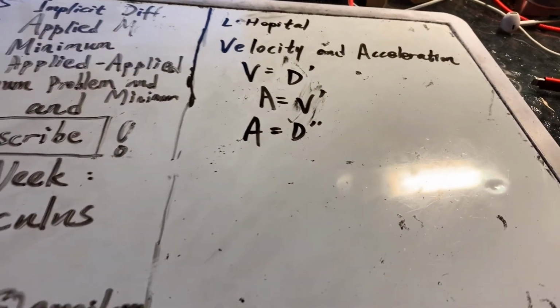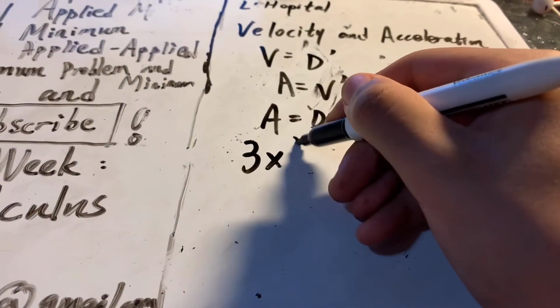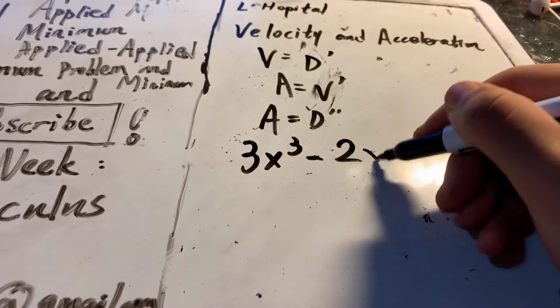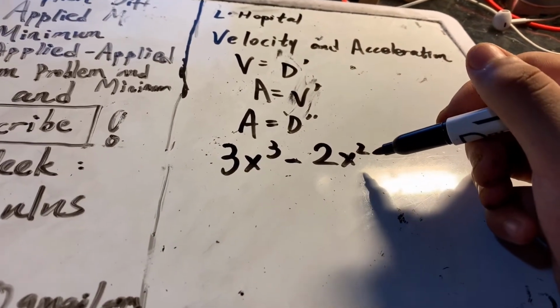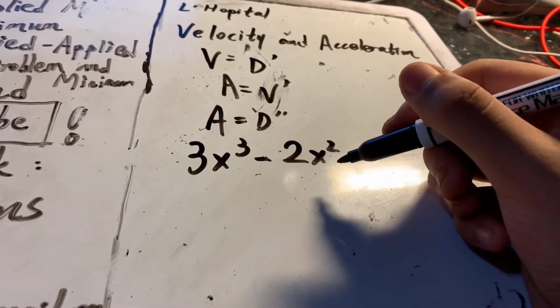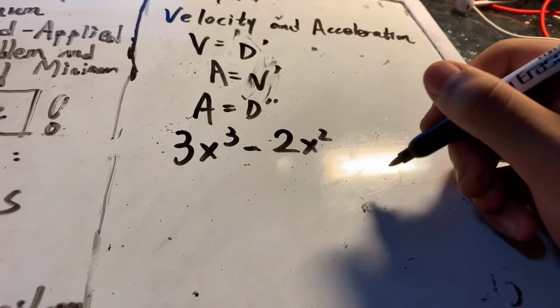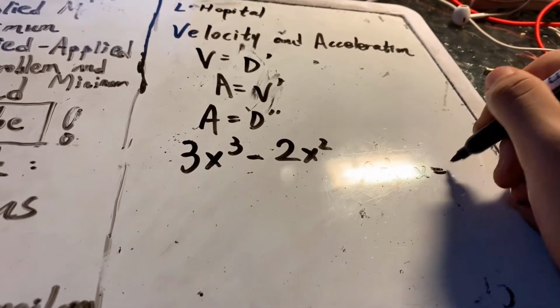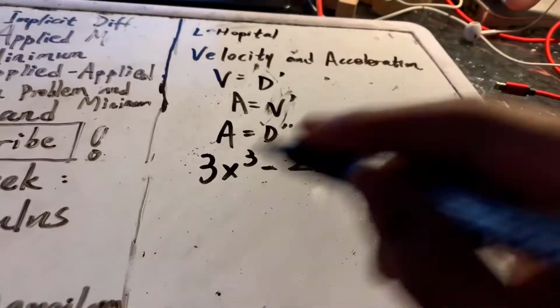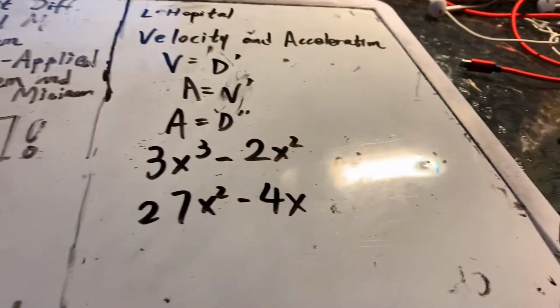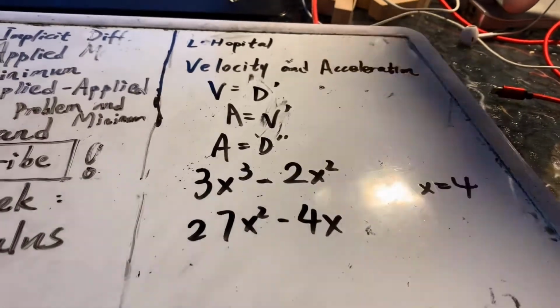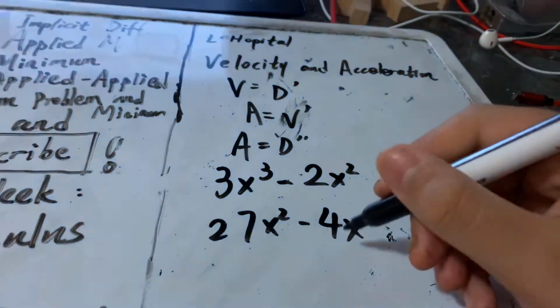Given the example, if the distance is calculated like this, calculate the velocity and the acceleration at x equals 4. Using the derivative formula, we get the velocity at 4 by plugging in 4.